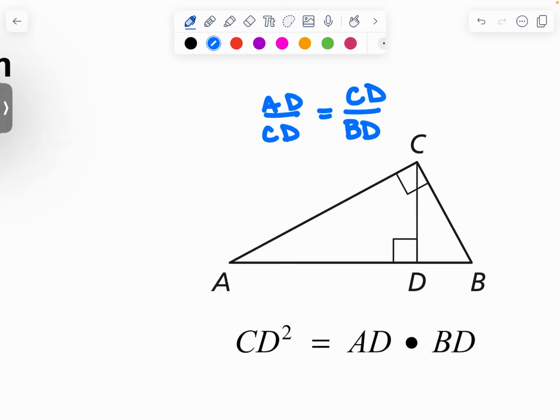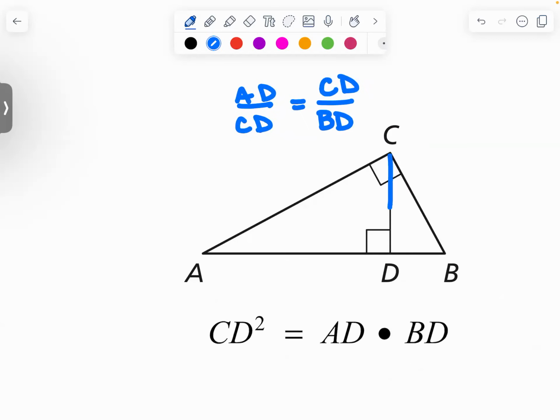Here is CD. What we just talked about with geometric means, what can you tell me about this proportion? Okay, so CD is our geometric mean, and we are going to use AD and BD with it.